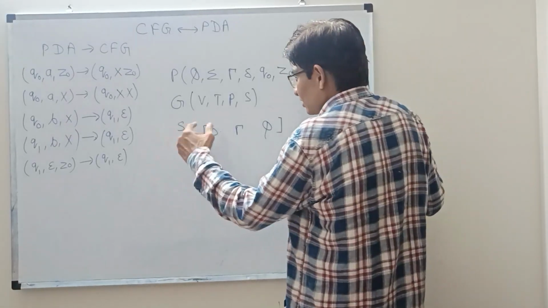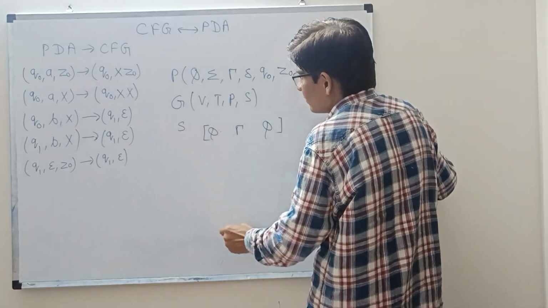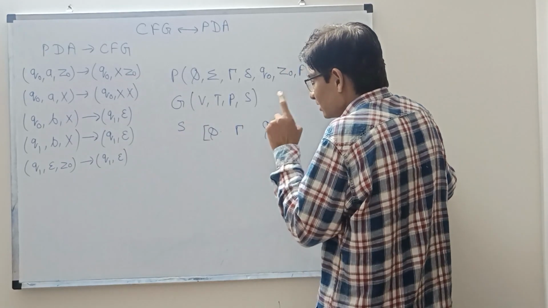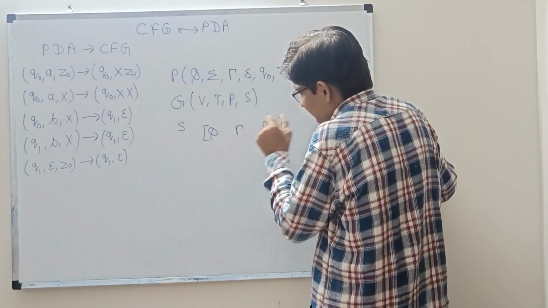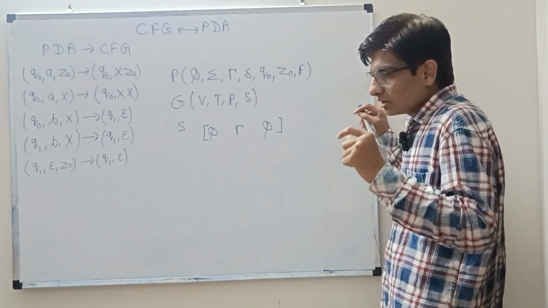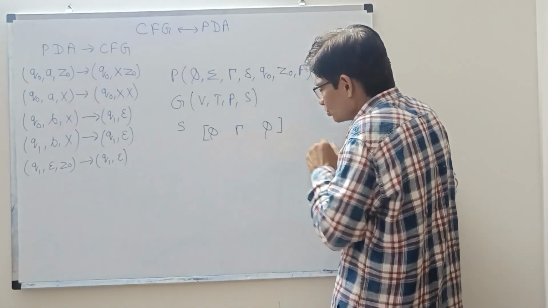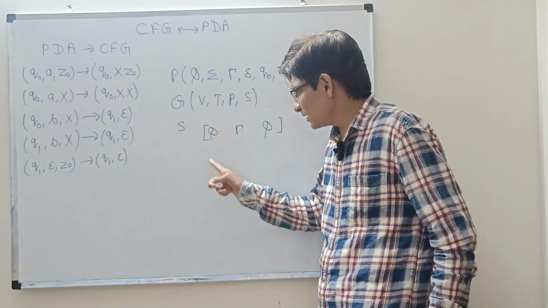So when we are converting any PDA into CFG, only the start variable is represented as a single alphabet. All remaining variables are represented as a triple like this. The triple has the format Q, gamma, and Q, which means one member of Q would be there.